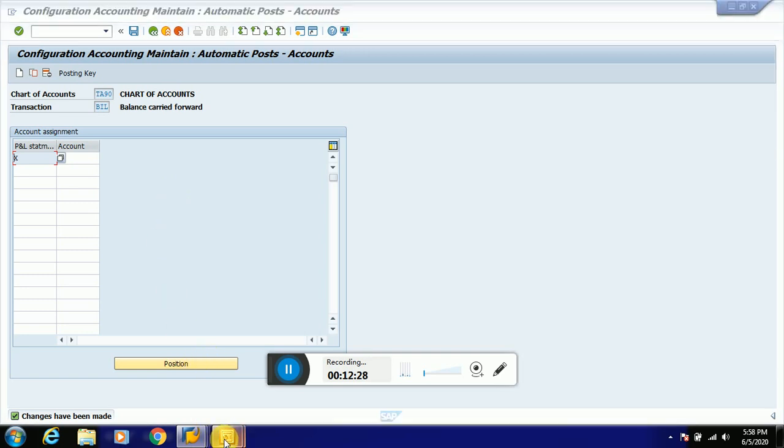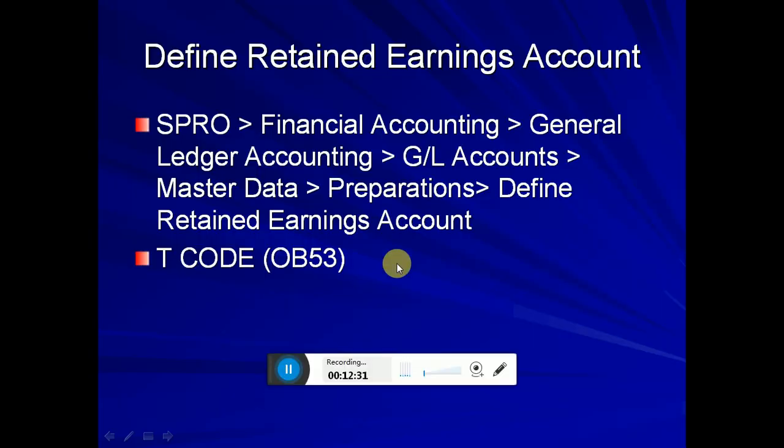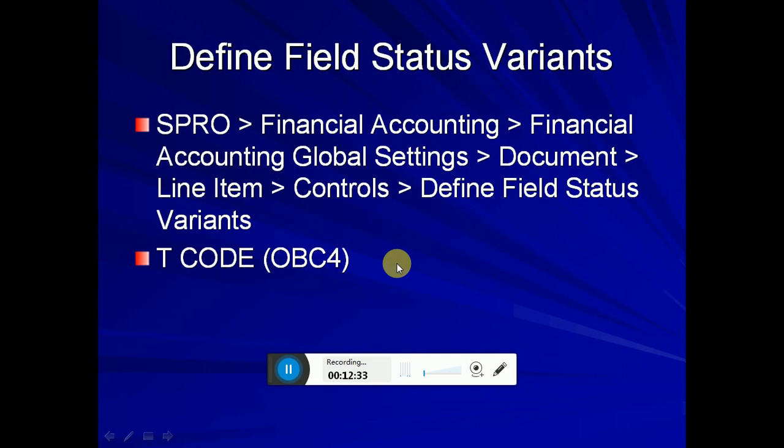Moving to the next topic, we have to create the field status variant. The navigation is financial accounting global settings, document, line item, control, define field status variant.